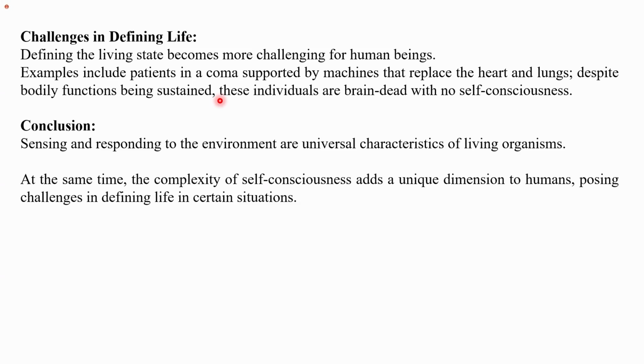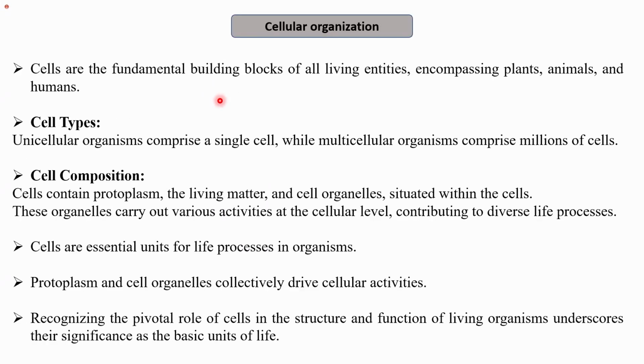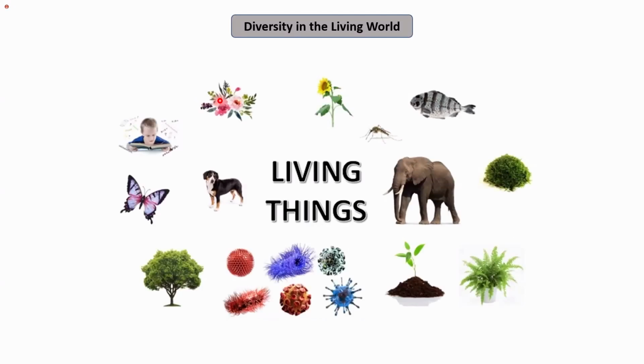So these are the various characteristics of living organisms, starting from growth, reproduction, consciousness, cellular organization, and metabolism. If I take these parameters into consideration and look around myself, I'll see a huge diversity of living organisms in our vicinity.